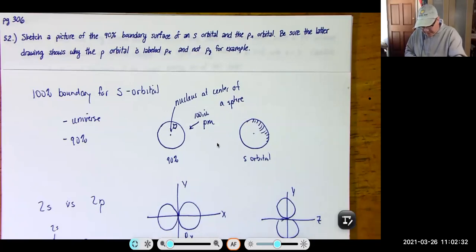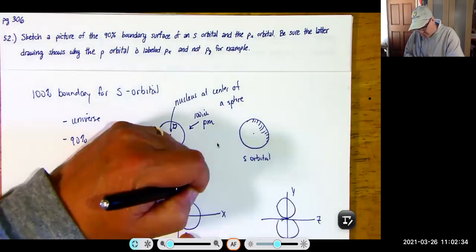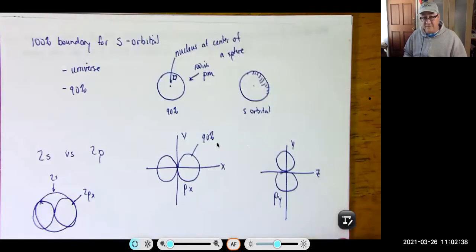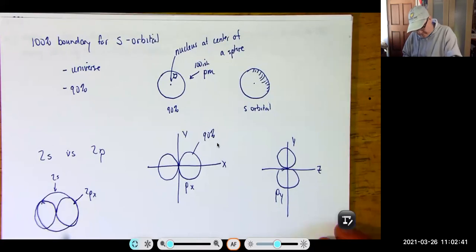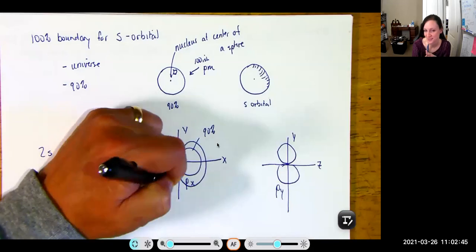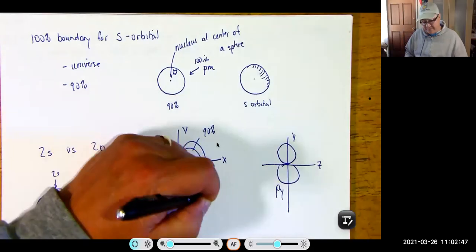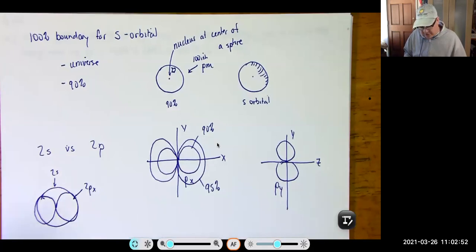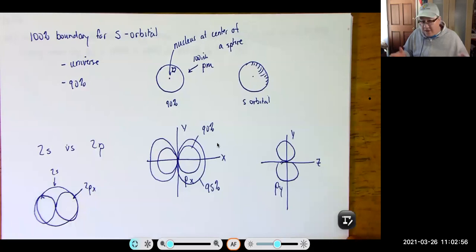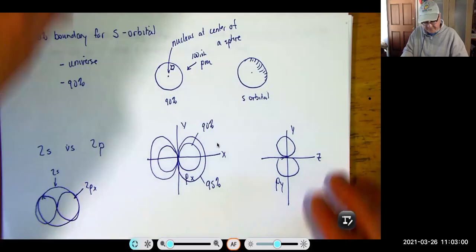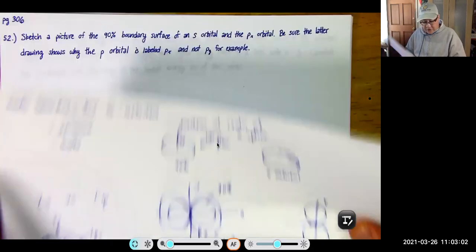So here, if this is a 90% boundary surface, what would a 95% boundary surface look like? I mean, can't really draw that. It gets bigger. What would an 80% look like? Smaller. So they're not trying to be tricky.